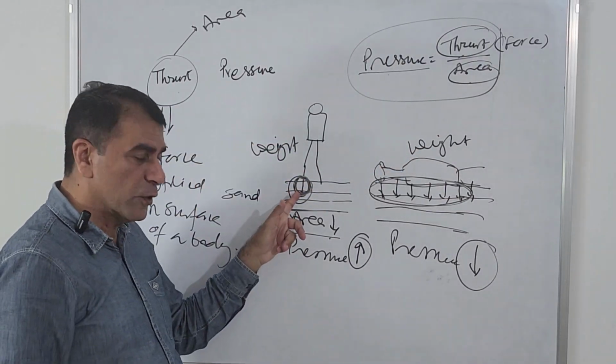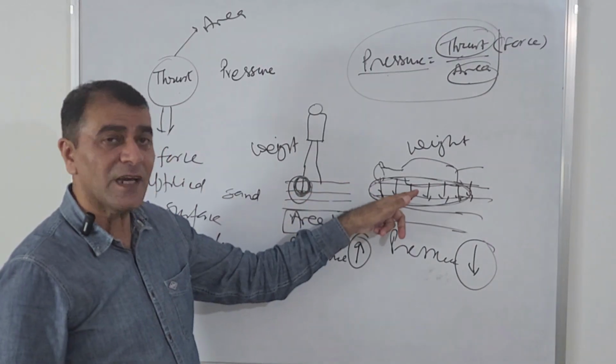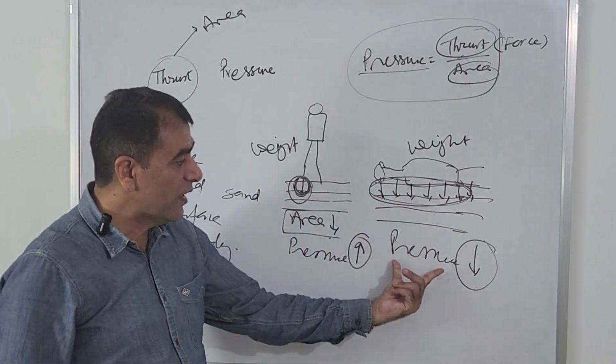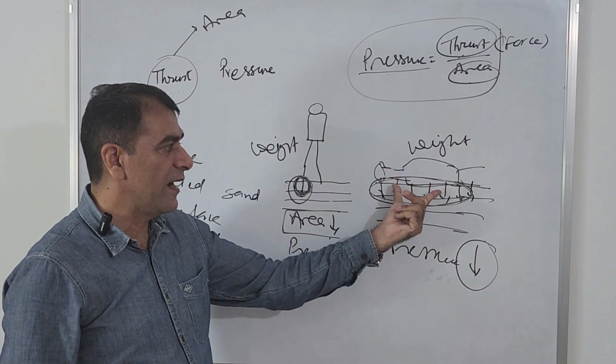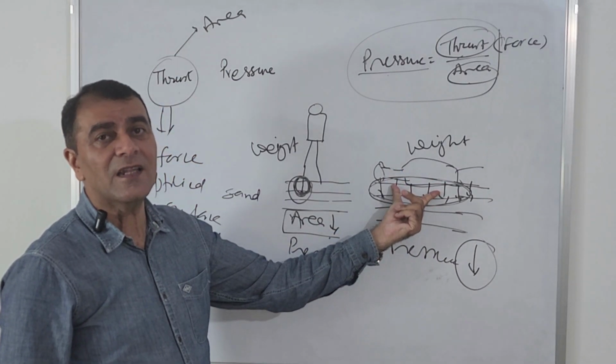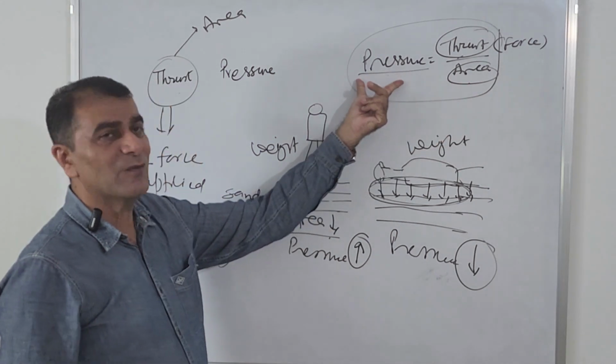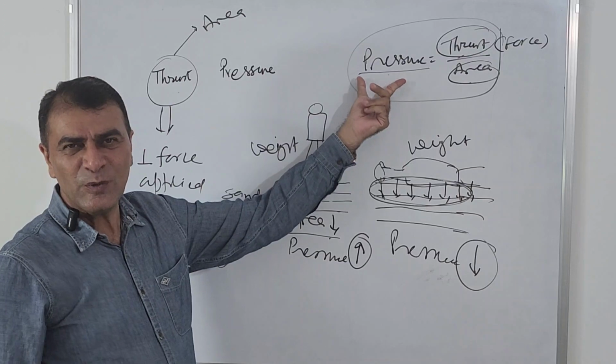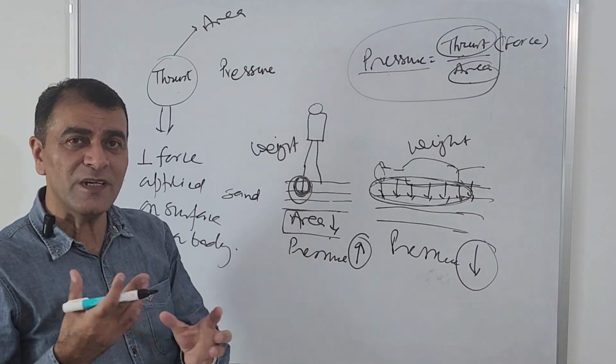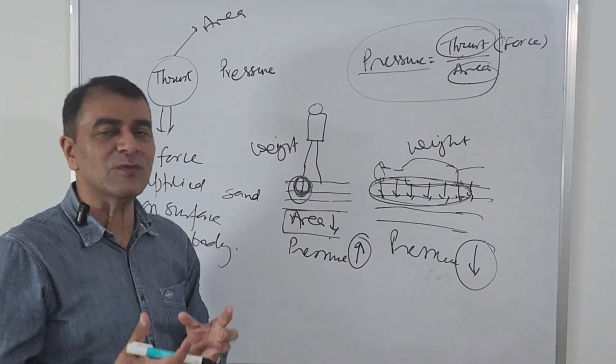Like your foot goes inside the sand, your body cannot go inside the sand because the area of contact between the body and the sand is very large. And when area is large, the denominator is large, pressure will be small, right? You're understanding this. When the denominator is large, the total thing becomes small.